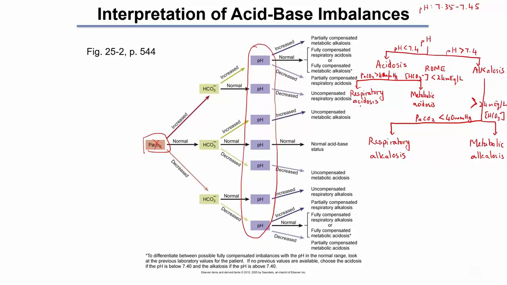We can take this chart one step further and see what the compensation is. For respiratory acidosis, it's renal compensation. What's the renal compensation? I've drawn this many times before. Use a little seesaw diagram and you can figure this out. For respiratory acidosis, too much CO2, the only way you can compensate is by decreasing this.